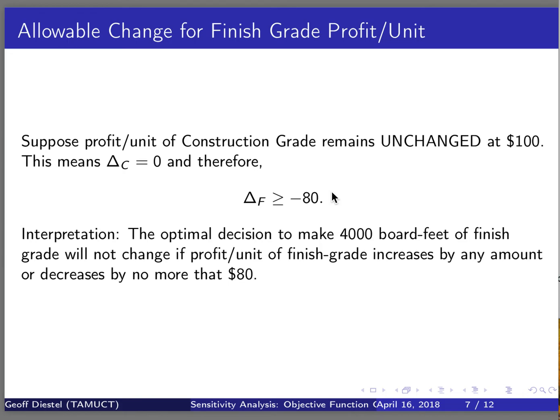So it would have to decrease by more than half of its profitability before we would decide to change the lumber that we're going to produce, change our decision. So in this case, it's reasonable to say this model is not sensitive to changes in the profitability of the two types of lumber.